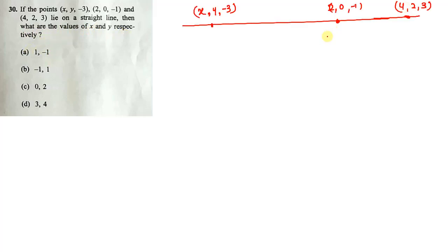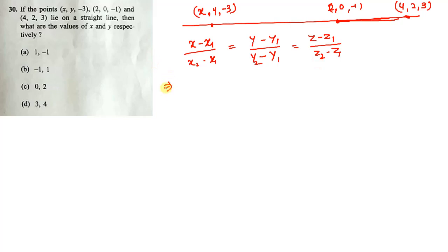Let's say the equation of a line passing through 2 points is nothing but x minus x1 upon x2 minus x1 equals y minus y1 upon y2 minus y1 equals z minus z1 upon z2 minus z1. Let's say this is x1, y1, z1 and this one is x2, y2, z2, because all these values are given.